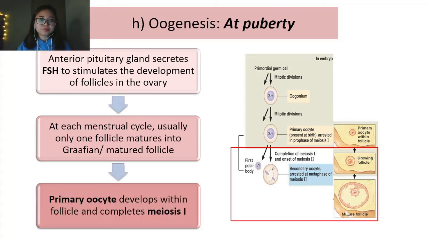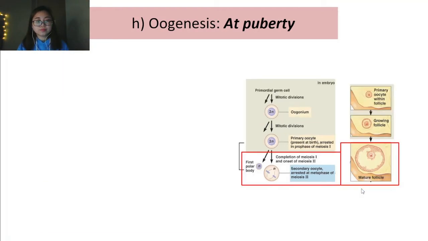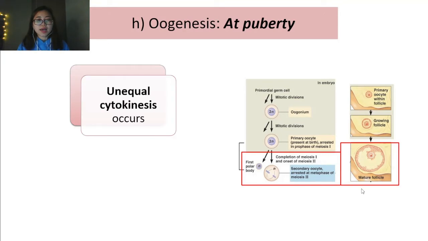Okay. So, the primary oocyte inside this mature follicle will develop and complete meiosis 1. So, yang di dalam ini dia akan membesar dan siapkan meiosis 1. At this point, unequal cytokinesis will occur.